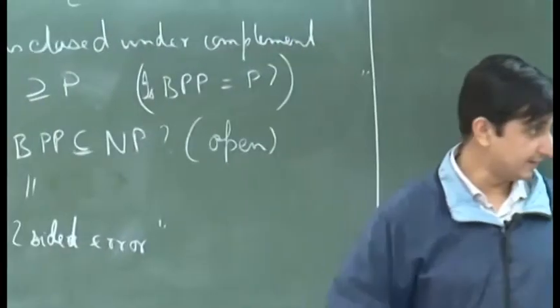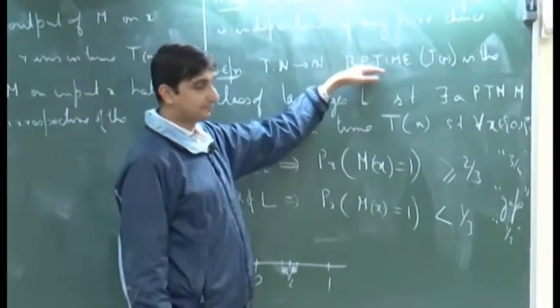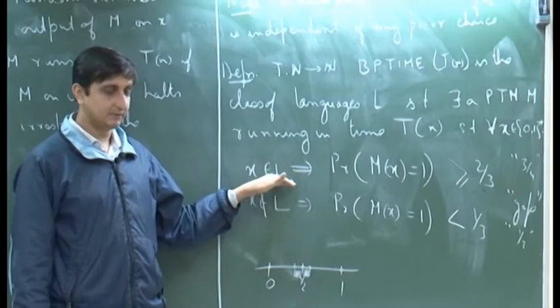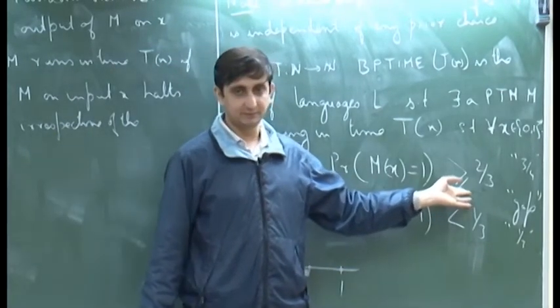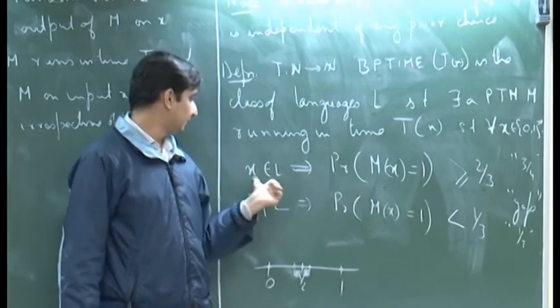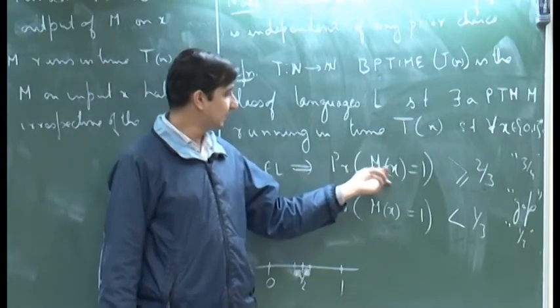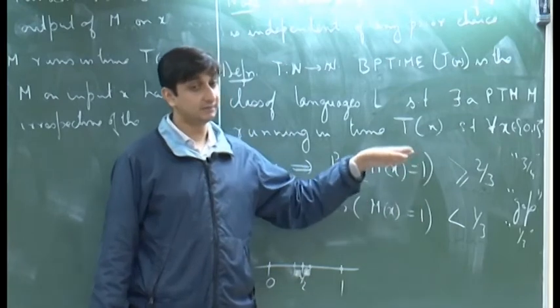So, what is happening in the case of BPP, or in general in the case of BP time? If you have an input which belongs to the language, you still can get an error with probability less than 1/3. Basically, if you look at this statement, for x belonging to the language, the probability that M of x will be equal to 0 is not 0.